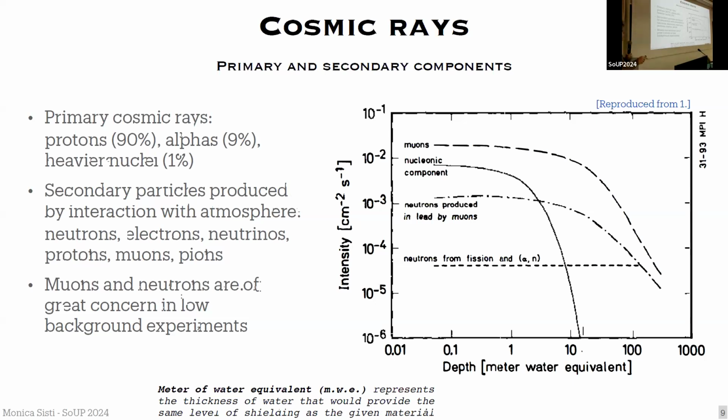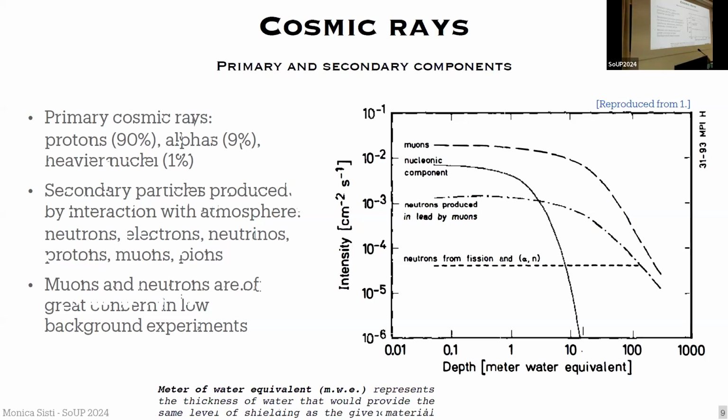they are almost gone. But this doesn't mean that you don't have neutrons in your experiments, because neutrons are continuously produced by muons, for example, in your shielding. So, for example, lead, that is a common shielding material. When muons interact, they can give rise to showers that contain neutrons. And this background becomes more and more important the deeper you go underground.